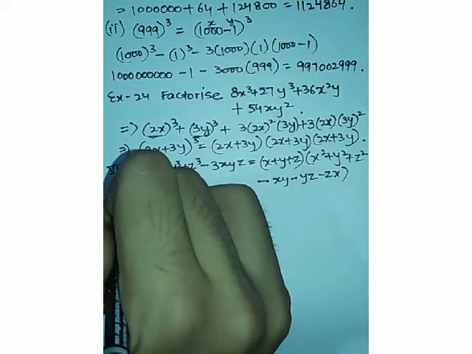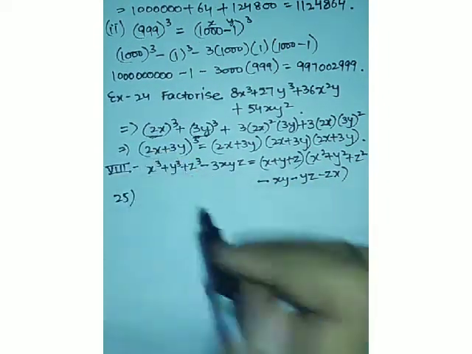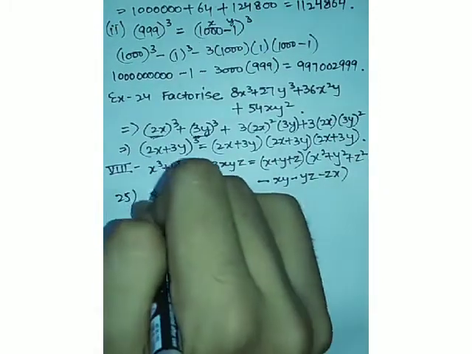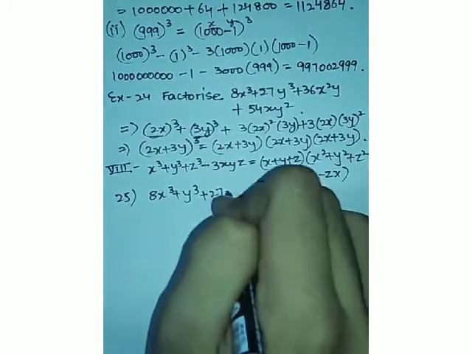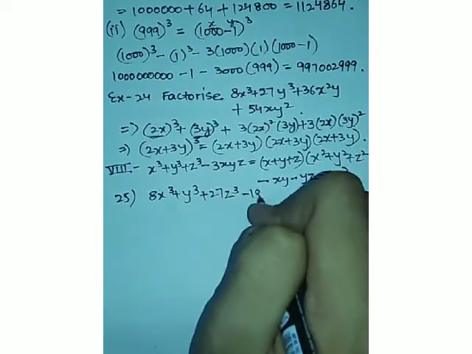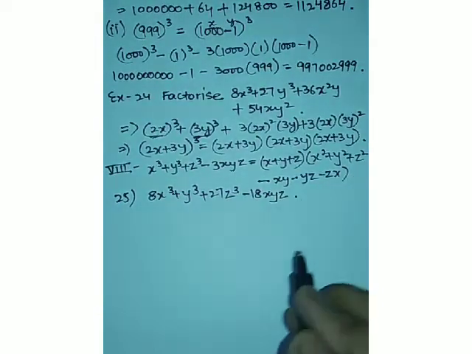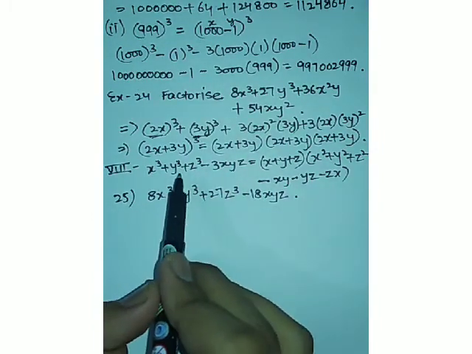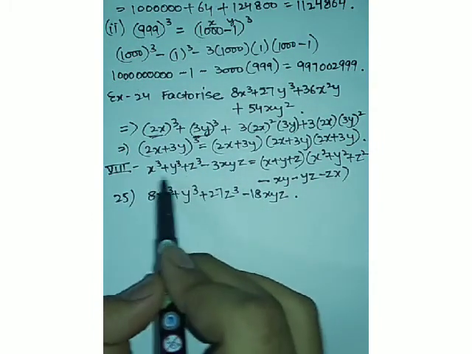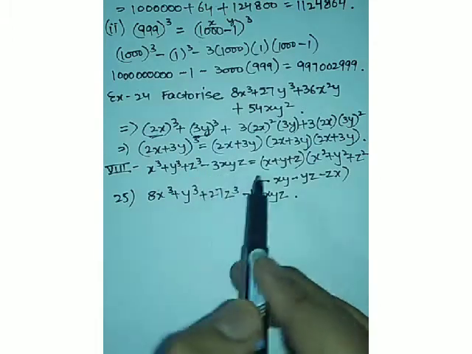So using this, we have to factorize our example 25, that is 8x cube plus y cube plus 27z cube minus 18xyz. All right. So this is looking like the left hand side, a cube plus b cube plus c cube, or x cube plus y cube plus z cube minus 3xyz.